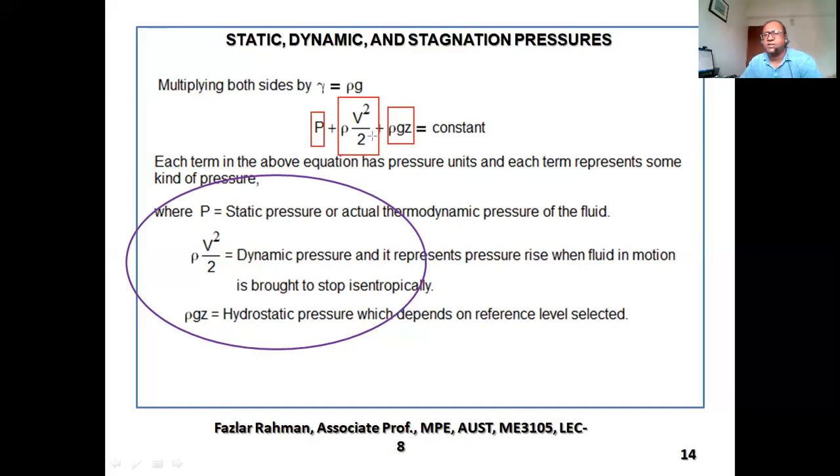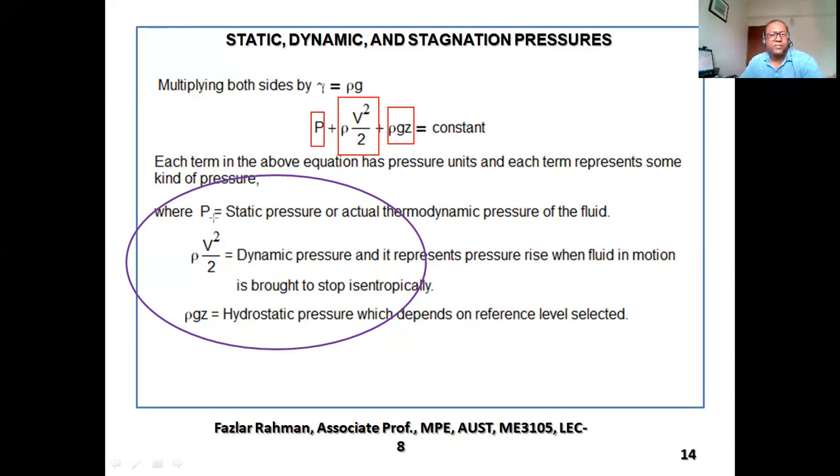The unit of each term has to be the same. If it is not the same, that means the equation is wrong. So P is pressure, the middle term is also a pressure, and rho g z is also a pressure.